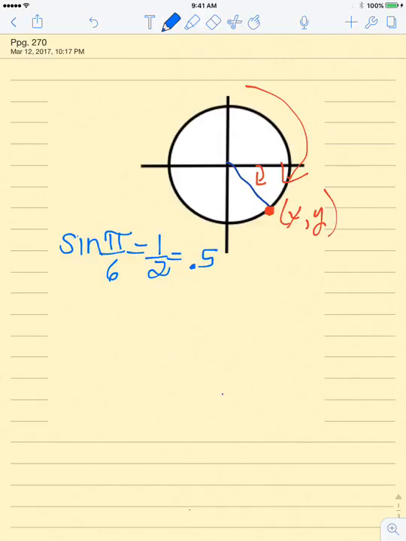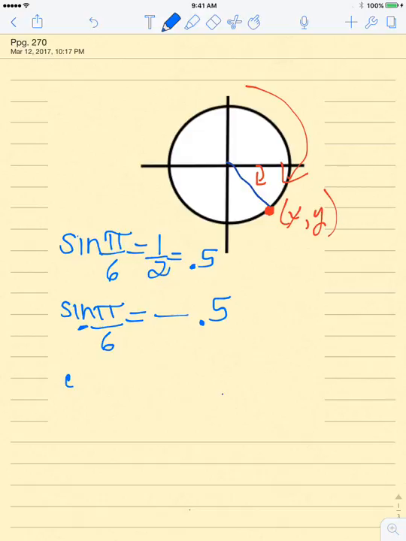So I know my answer for negative pi over 6 is going to be either positive 1/2 or negative 1/2. That's the only change. So what is the sine of negative pi over 6? Well, consider what quadrant this angle is in. This angle is in the 4th quadrant, and y is negative in this quadrant.